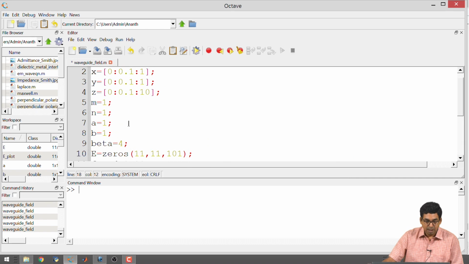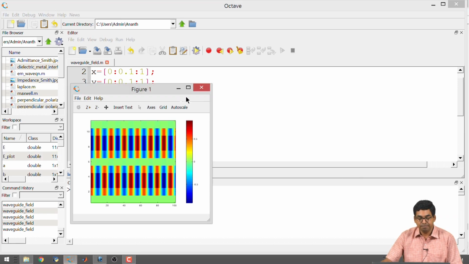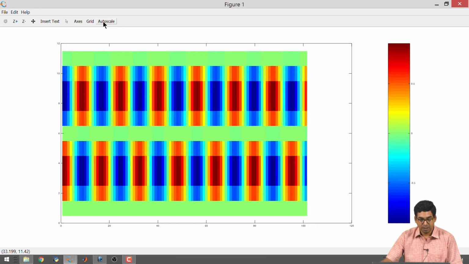Okay. What I will do is, I will take my m to be equal to 2, okay, which would be making this Tm21, right. Instead of Tm11, it has become Tm21, and I am plotting a slice only in the middle. That means, I do not know what is happening with the y axis, all right. I am going to draw this, all right. Okay.